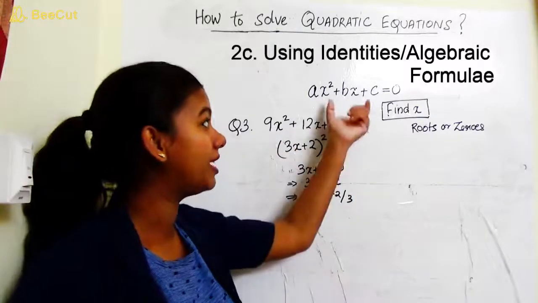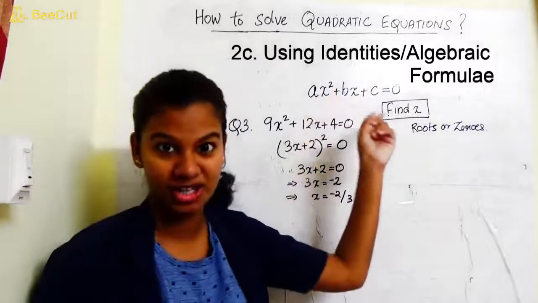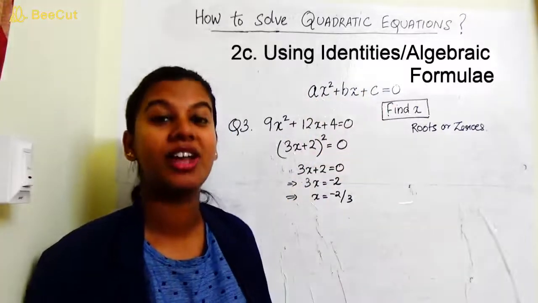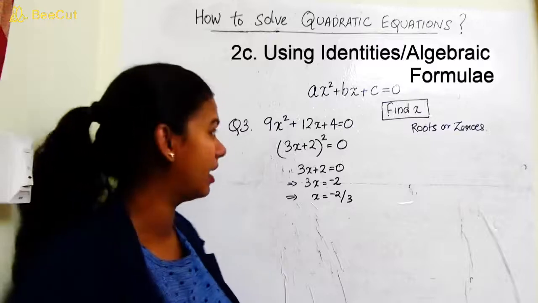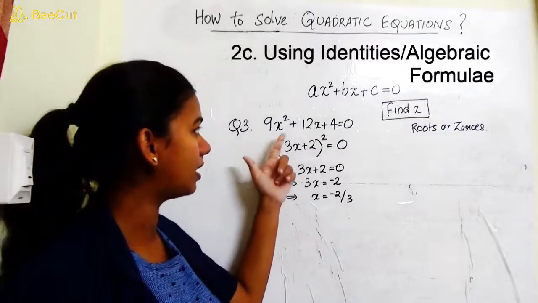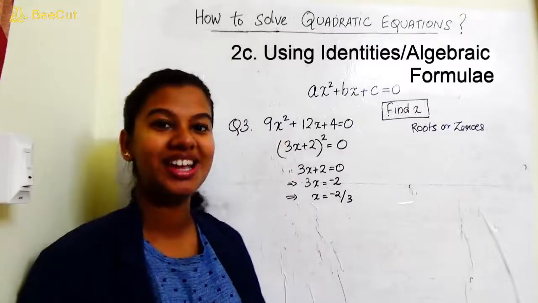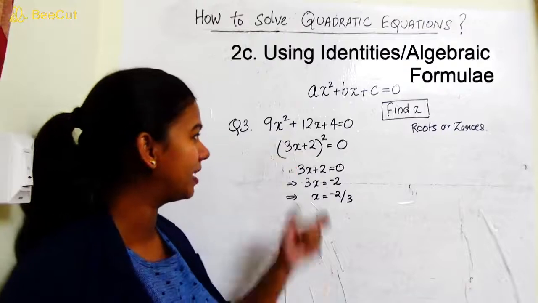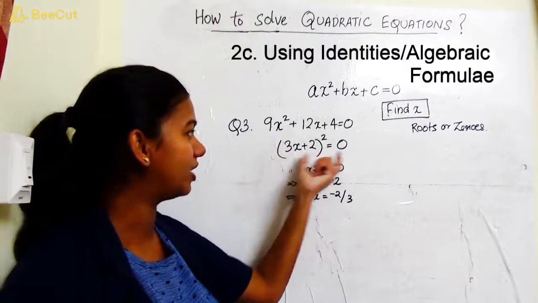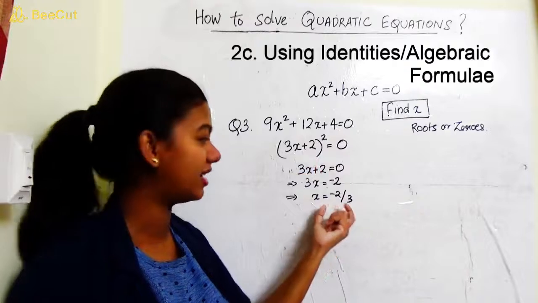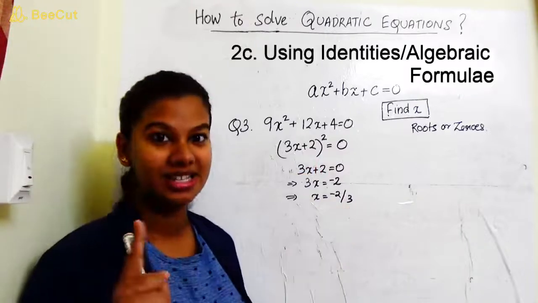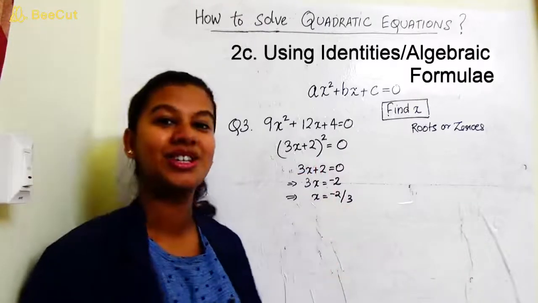So whatever be the degree of an equation, when we solve we will get that many roots or zeros. Okay, but in this case this is a quadratic equation but we are getting only one value. How come? Because actually there are two values and both are equal. That's why we are writing it as a single value, that is minus 2 by 3.